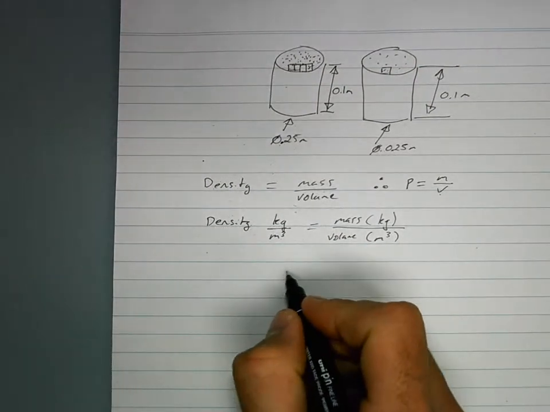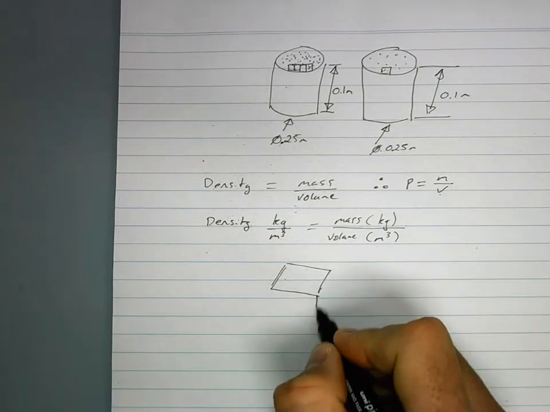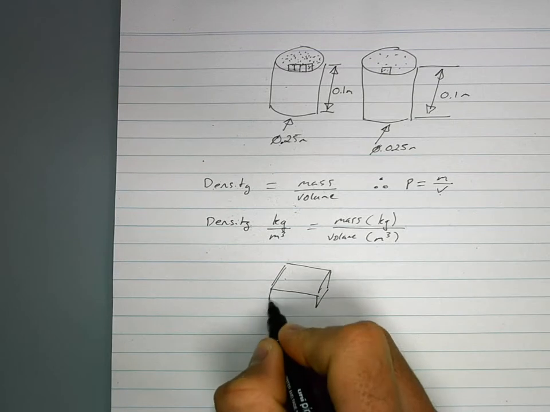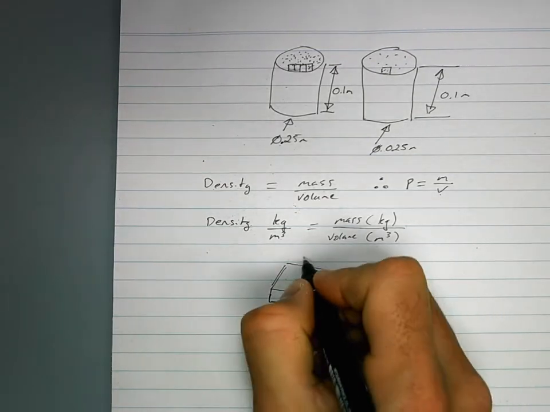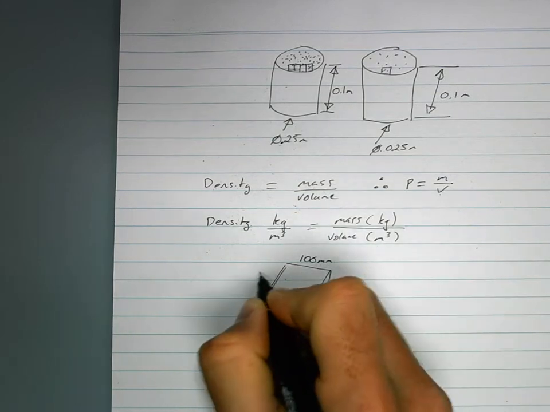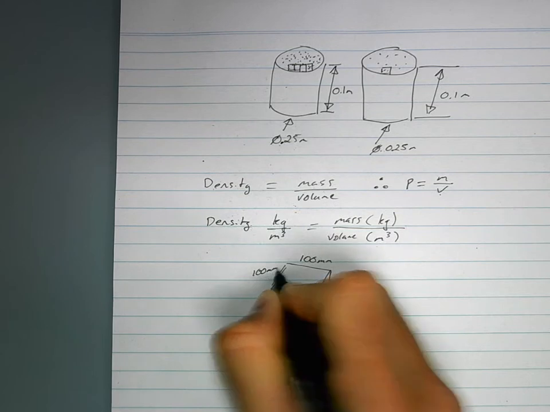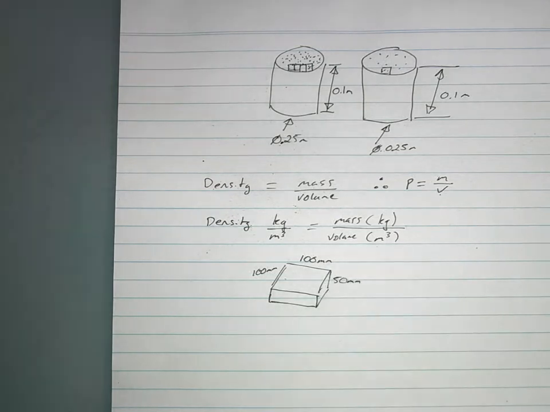So let's say that we had a square box. This box here was 100 millimeters wide by 100 millimeters long, and let's say it's 50 millimeters deep. We need to convert that to meters before we can move on to this equation.